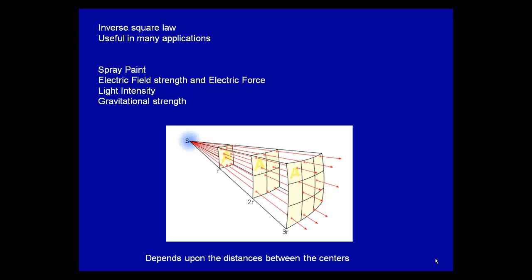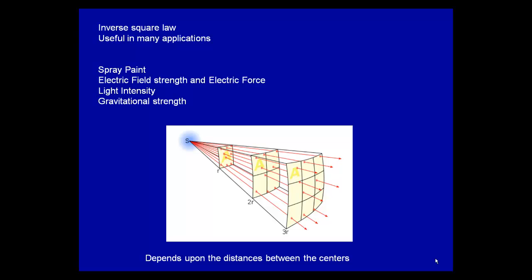If I take a can of spray paint and I hold it 6 inches away from a wall, I'm going to get a certain amount of spray per square inch on the wall. If I move it back to 12 inches, so I double the distance, the same amount of spray paint is now going to cover an area 4 times larger. So each individual area only gets 1/4 as much.